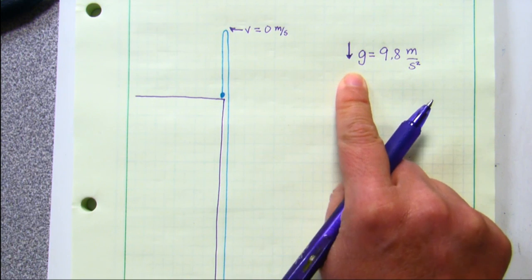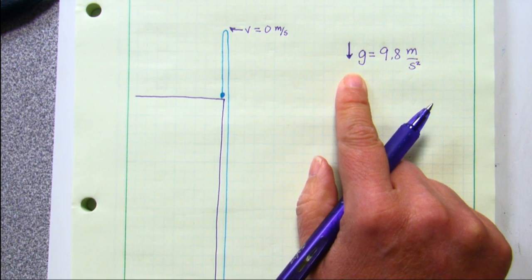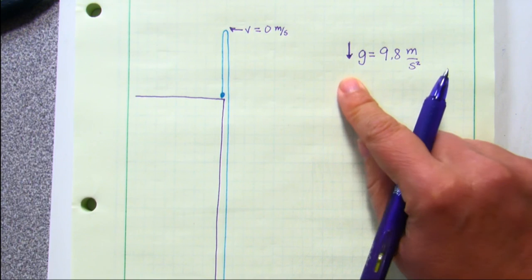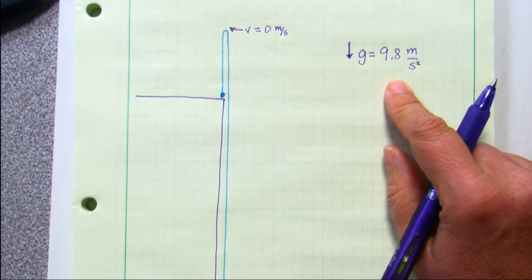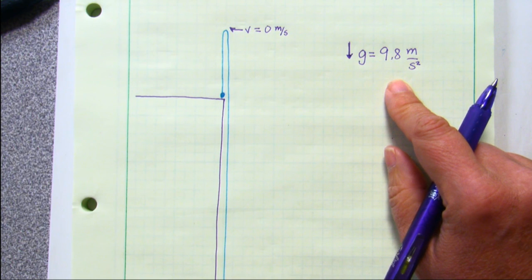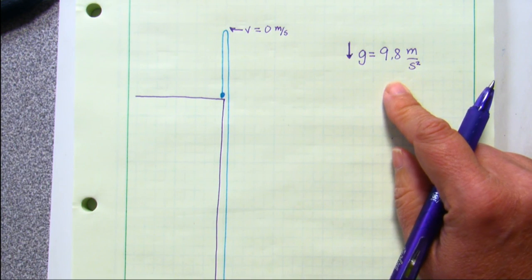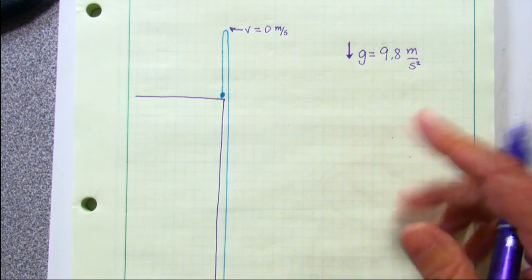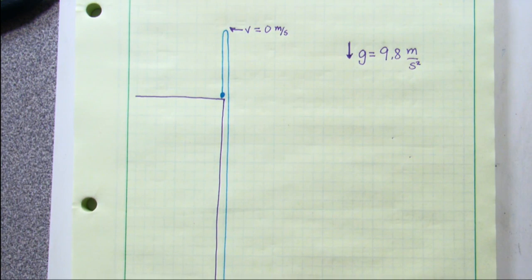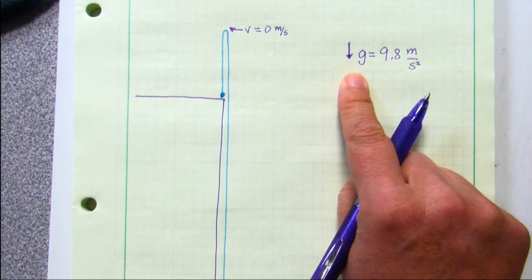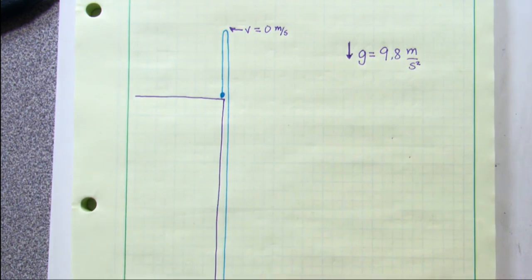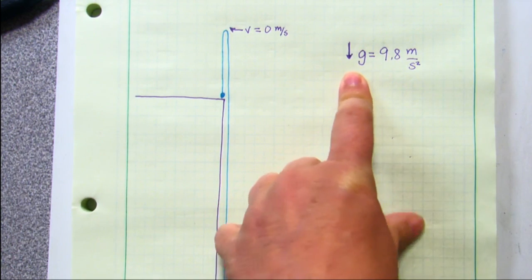The reason I'm using the arrow right now is because we can set up our problem, because sometimes we're just wanting to find the magnitude of something, or if I'm trying to solve for time, I may just want to use it in the positive sense, but by drawing my arrow here, I'm showing you the direction. But usually it's a negative 9.8 meters per second squared. I'm showing you that by the little arrow right now.